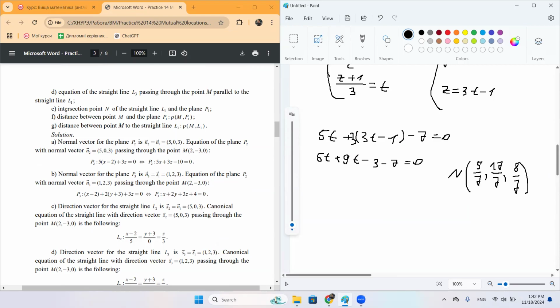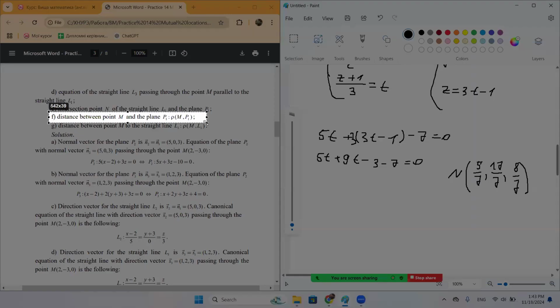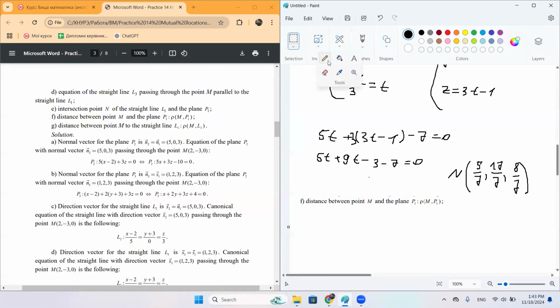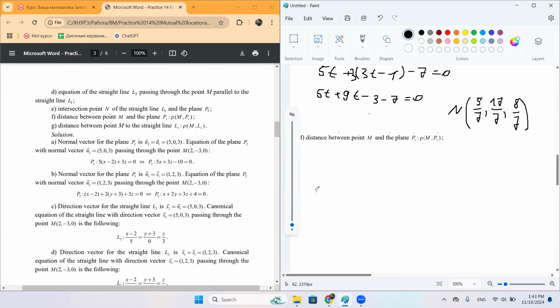Then the distance between point M and plane P1. So who remembers the formula of the distance between the plane and the point? Okay, I will remind you, yeah, because there are a lot of distance formulas.